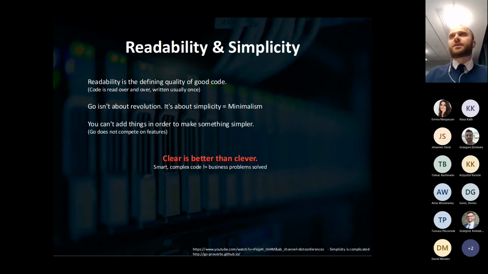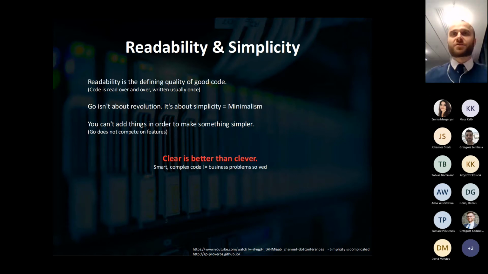Go itself isn't about the revolution. It's not a part of the race between the languages to be the best, to have the most features. It's more about simplicity, and I would say minimalism, which is, I think, the key to simplifying things. So it doesn't mean it has a small amount of use cases. I would say the other way around. It's because of the minimalism.